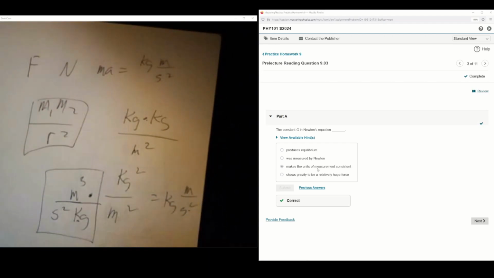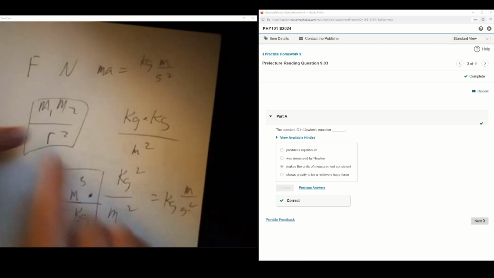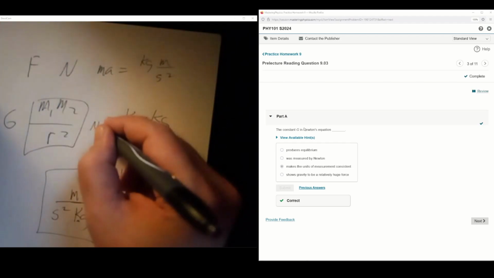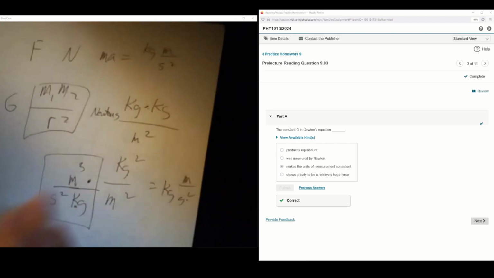And this is what I think they're meaning by the statement. It's the word measurement that I don't think is the right word to use. I would say this balances the equation, that it makes the result come out as newtons, and that's one of the functions that G does serve, is to make this result have units then of newtons. So I'm going to go that's what they were going for there.